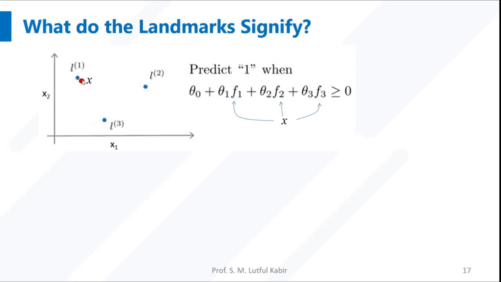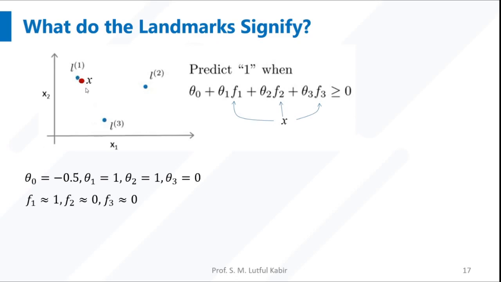For example, there is an x over there, and if we optimize the theta, if we calculate the theta, we have not yet discussed how to find this theta. But let us say that theta comes out to be these figures: minus 0.5, plus 1, plus 1, and 0. So f1 will be 1 because x is close to L1.